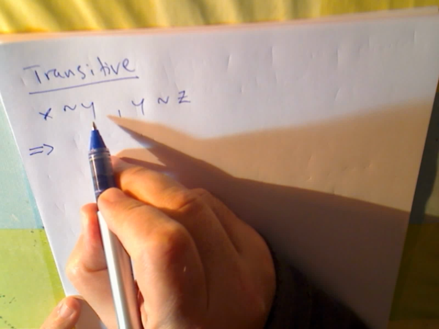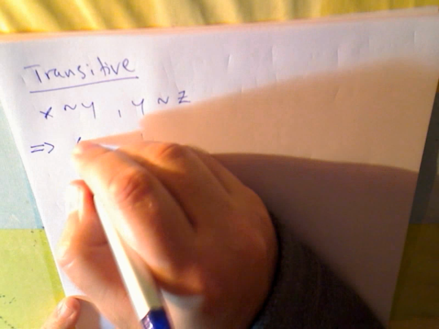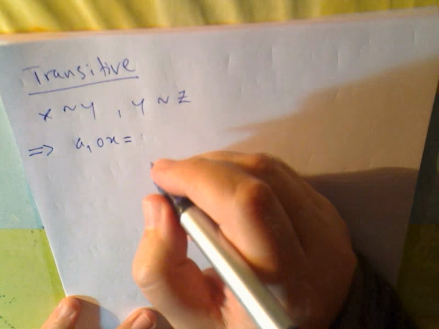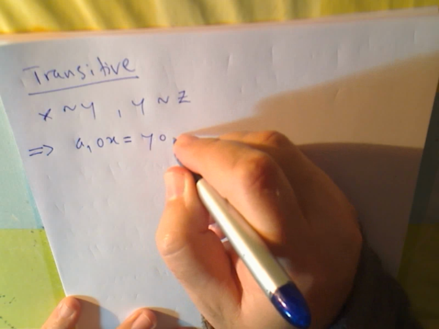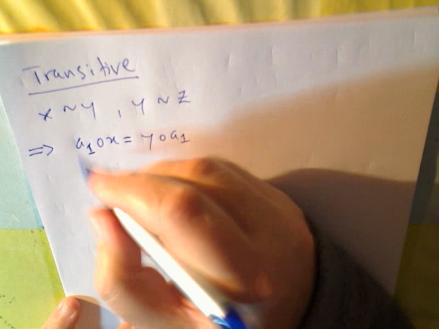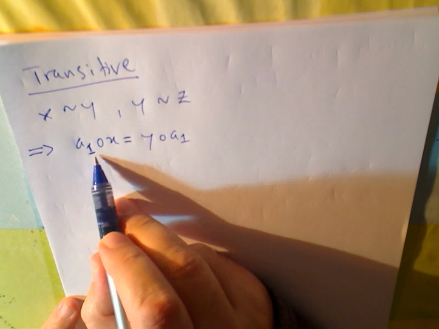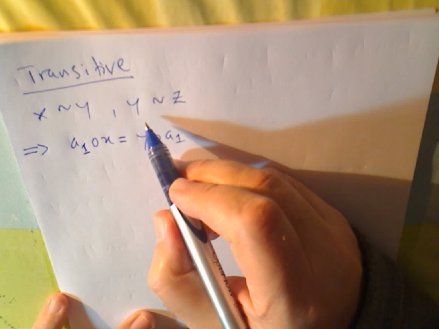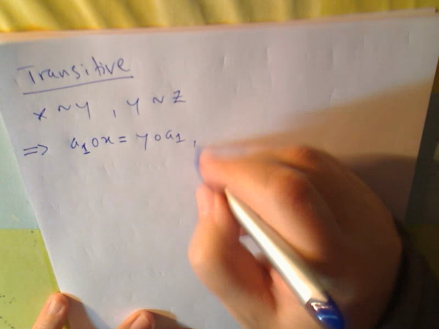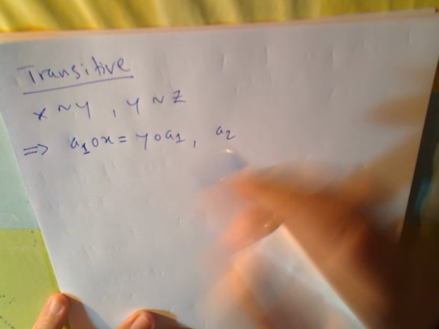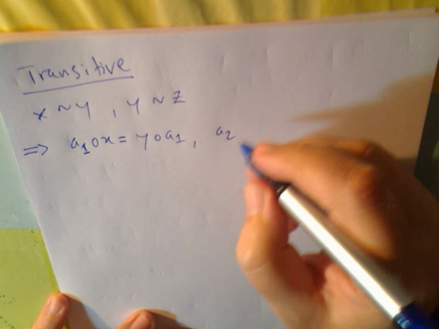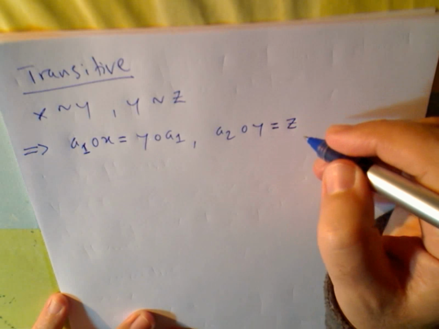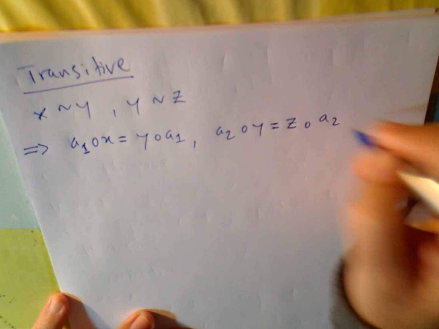Okay, if x is conjugate of y, that's the definition of conjugacy, right? A1 times x, where times is this operation, equals y times A1. Now, I'm not taking only A, I'm taking A1 because I need another one for z. And since y is conjugate of z, A2, I have to distinguish these A's, A2 times y equals z times A2.